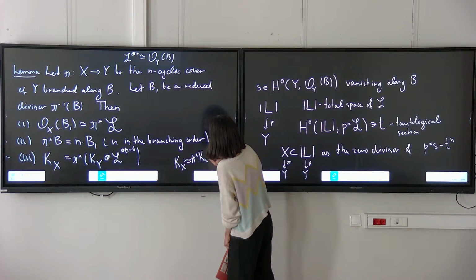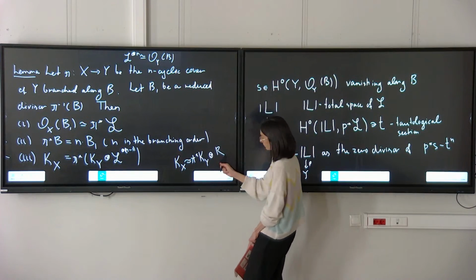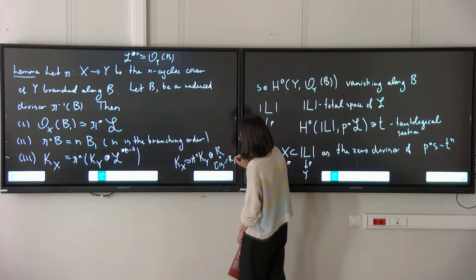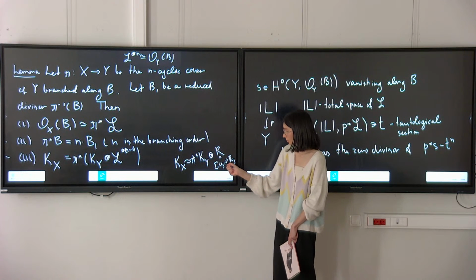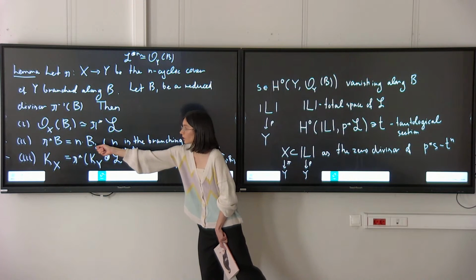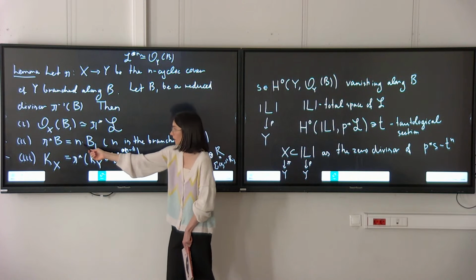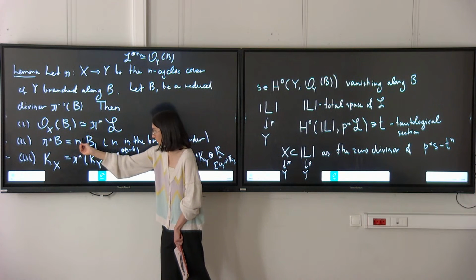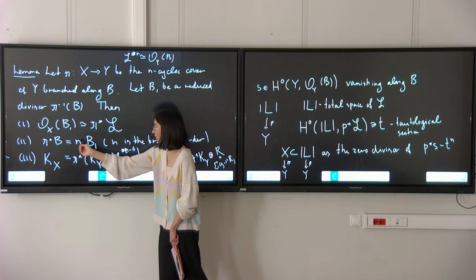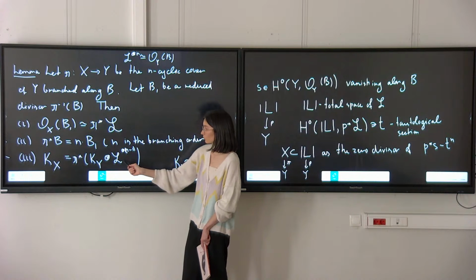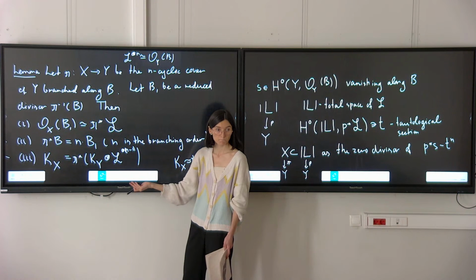K_X is the pullback of K_Y tensor O(R), right? And now we know that R is a direct sum of R_j with the branching order minus 1, right? And from this we know that the corresponding ramification divisor is (n minus 1) B1, so from this we obtain this formula.